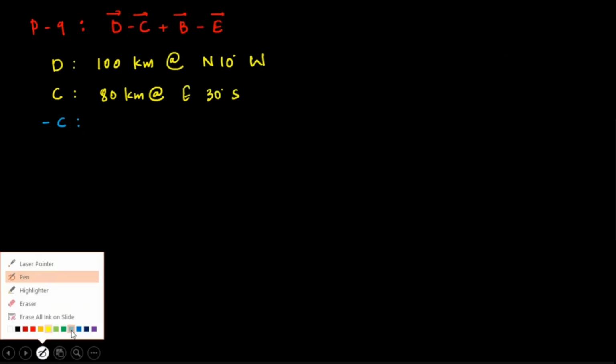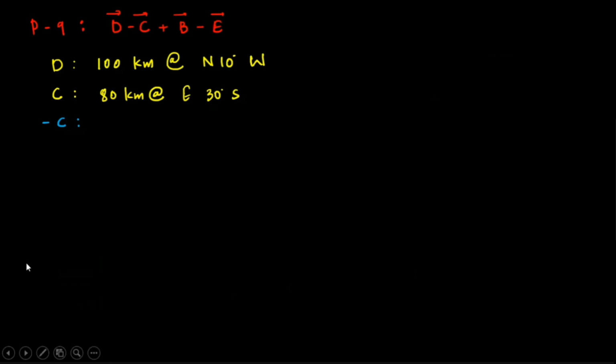Whenever I'm writing minus C, it will become 80 kilometers at east 30 degrees south. What is the reverse direction of this particular vector? Tell me. It'll be west 30 degrees north.